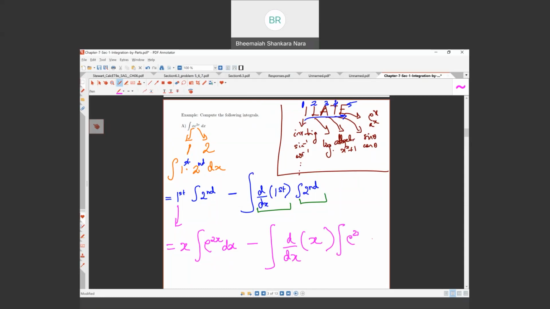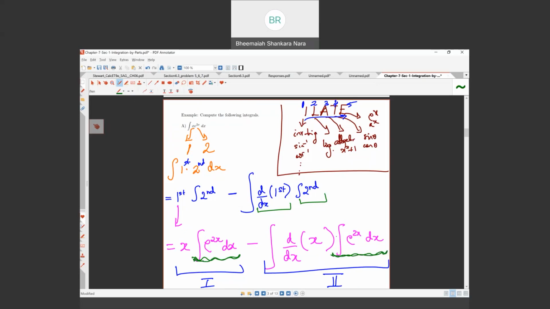If you write this integration by parts rule correctly, the entire expression here is the first term, and the entire expression here is your second term. You will have two terms after you expand using the integration by parts formula. In that, you will have a second term integration, e to the 2x dx.